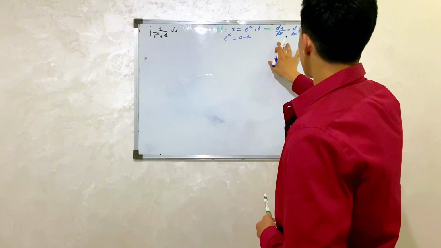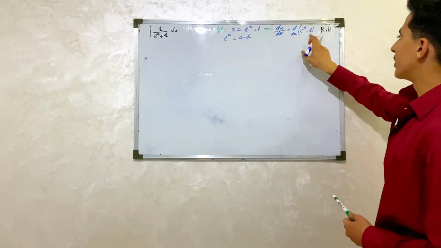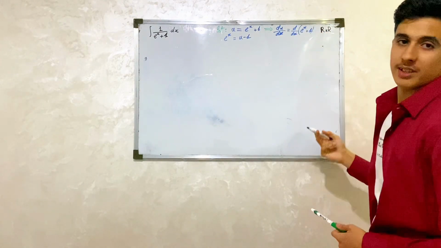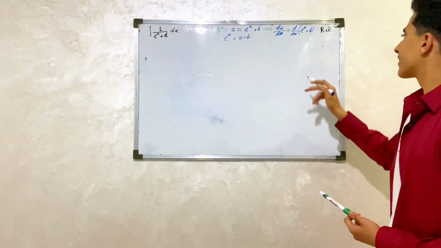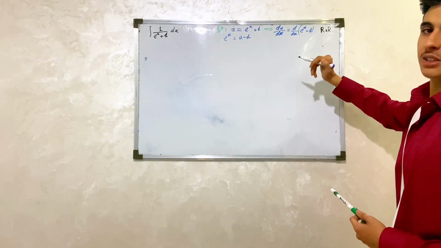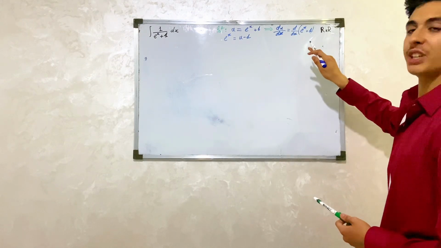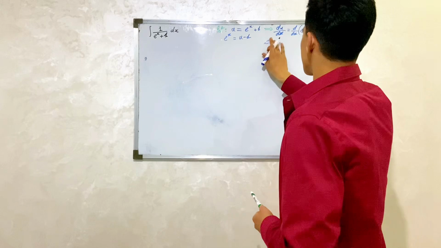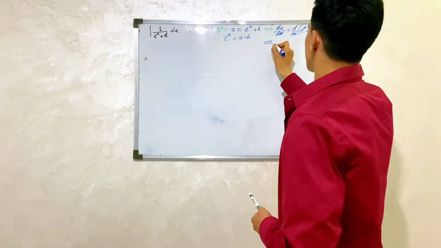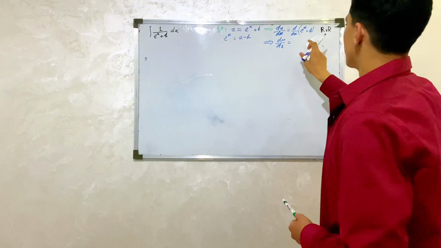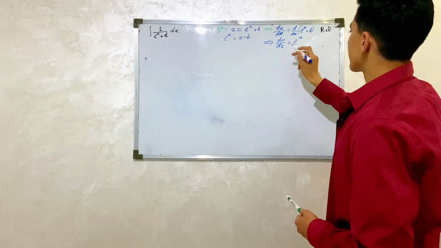So, what's the derivative of e to the x plus 1? First, the derivative of e to the x is e to the x, doesn't change. And the derivative of 1 is 0, because any constant, when you differentiate it, is 0. So we get that du dx is equal to e to the x.